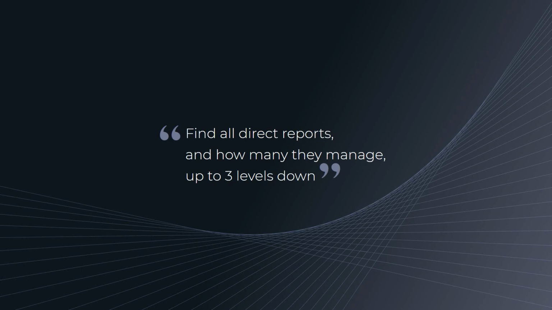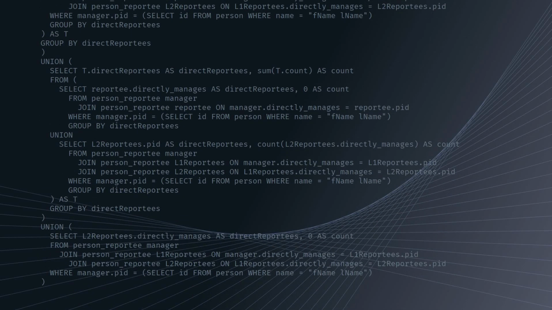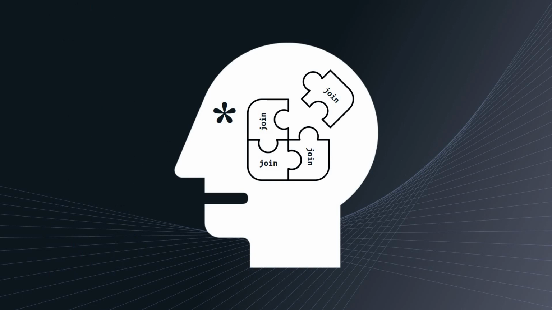Let's take an example from an HR application. Find all the direct reports and count how many they manage up to 3 levels down. The SQL for this query, taken from a Berkeley computer science course, looks like this. You can collapse it a little using recursion, but it gets even harder to read. So we can see that the cognitive load that SQL adds while leveraging relationships can be high.